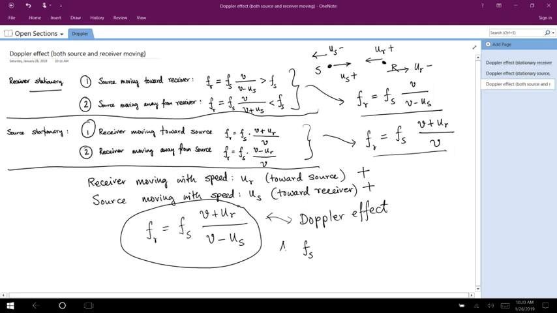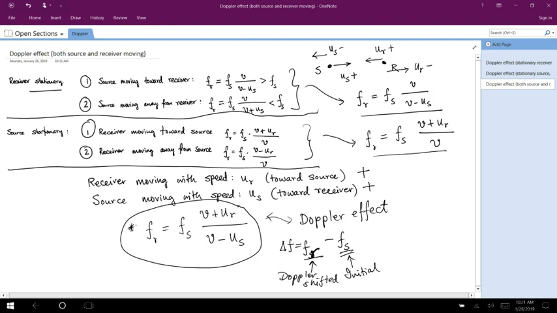So delta f will be equal to fR minus fS, because fS is the initial before the Doppler shift, and fR is the Doppler shifted frequency.